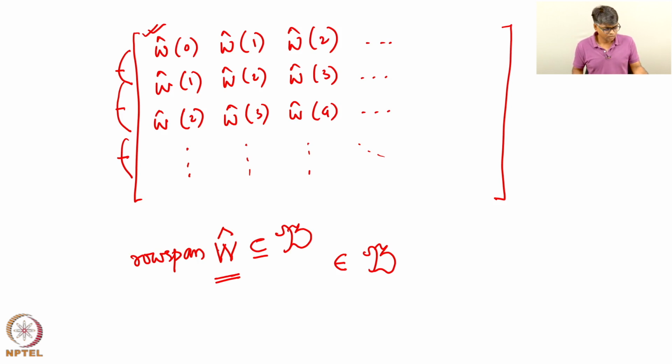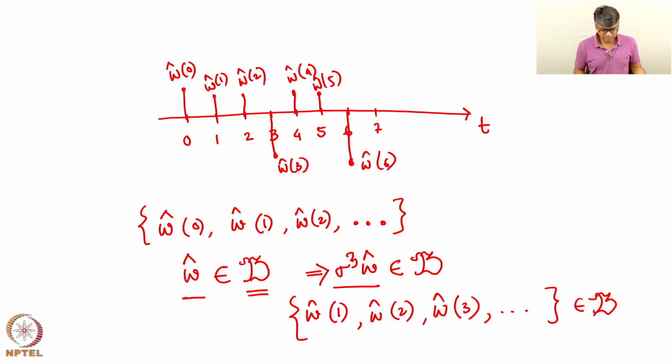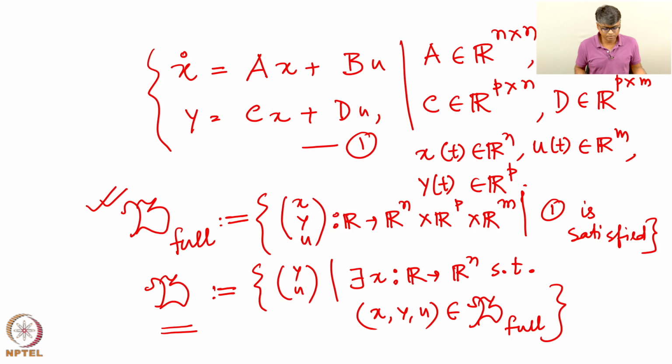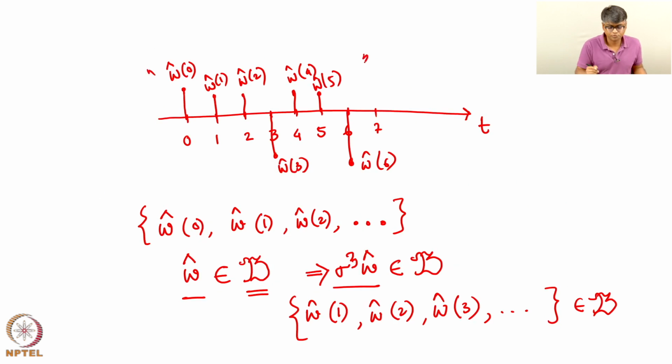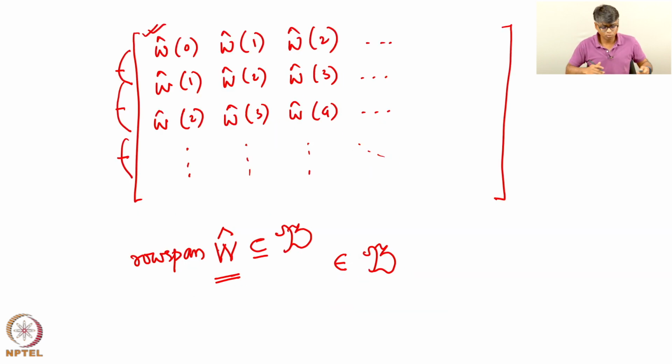So you see, the behavioral description tells me that I can start with just the rudimentary fact that this trajectory is a part of the behavior, and then by using the property that my system is linear and shift invariant, I can get so many new trajectories in the behavior. Later on we will ask whether it is possible to identify the system from this information, and when it is possible, and when it is not.